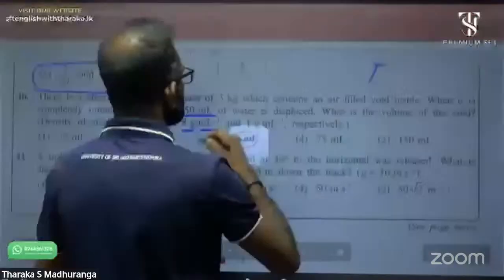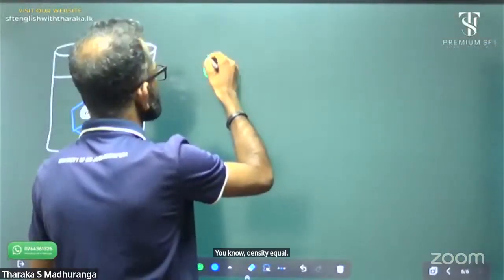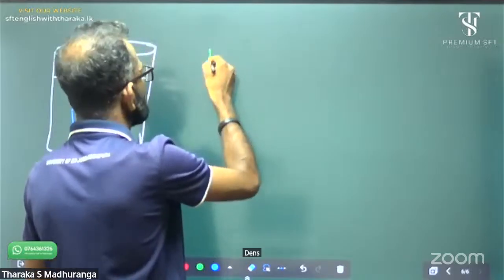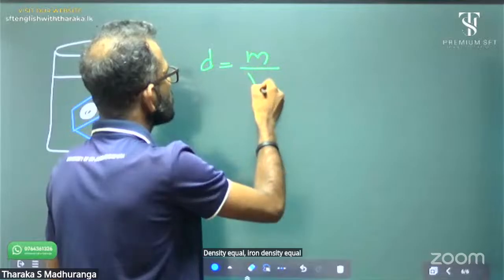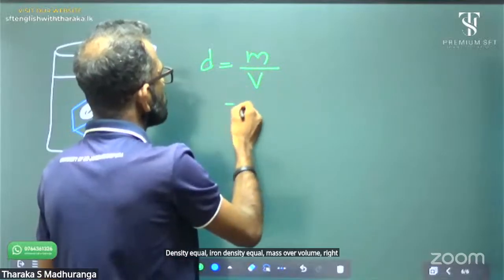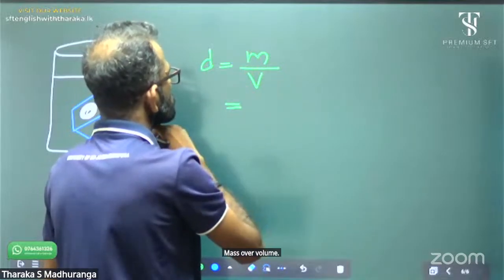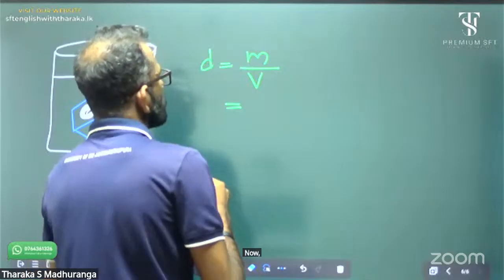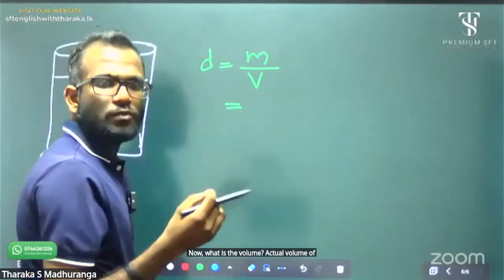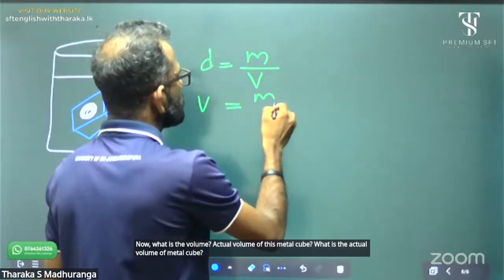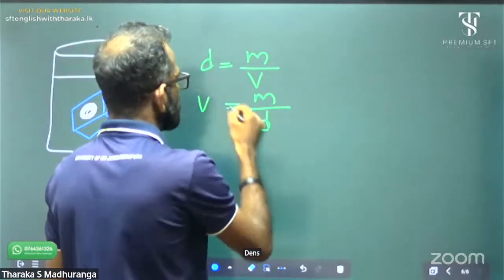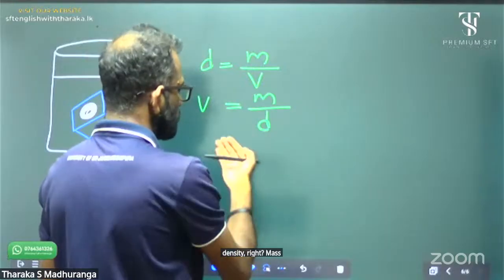You know, iron density equals mass over volume, right? Now, what is the actual volume of this metal cube? Mass divided by density, right? Mass divided by density.